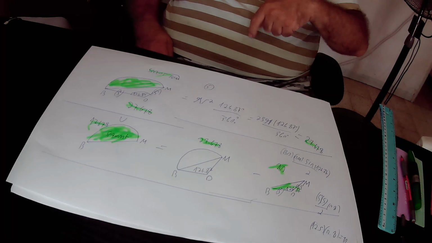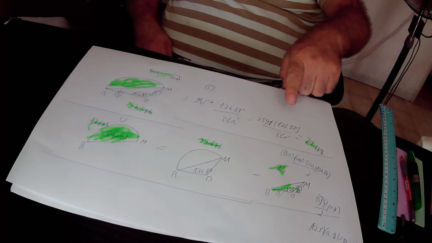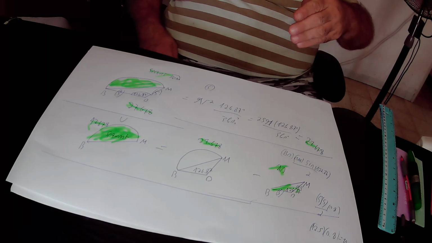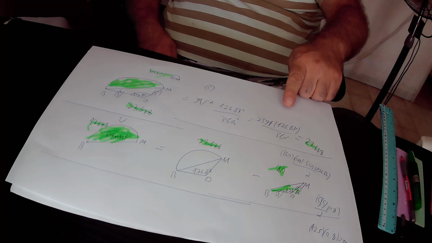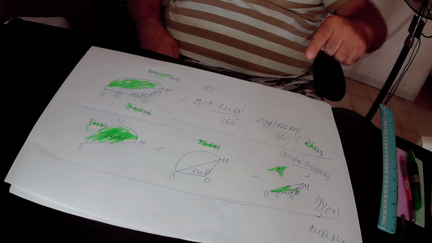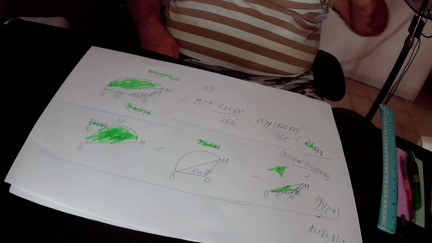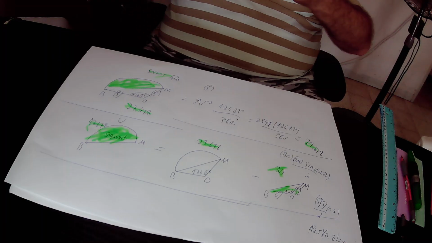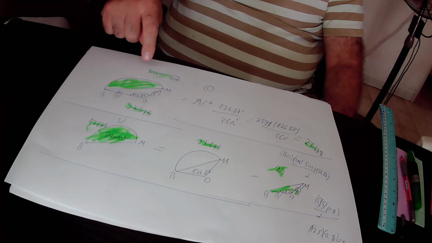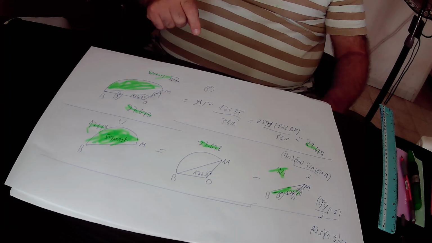R is 5, therefore r squared is 25, so pi r squared in total is 25 pi, times 126.87 over 360. In total, the value of this expression is 27.678 square meters in size. So the area of this sector BOM equals 27.678 square meters in size.